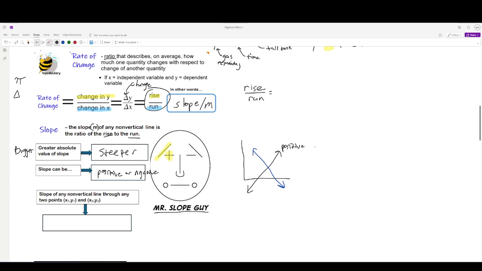It goes uphill as we go left to right. The right side of his eye is a negative symbol and a downhill sloped line. So this one is a negative slope, and it goes downhill as we go to the right.